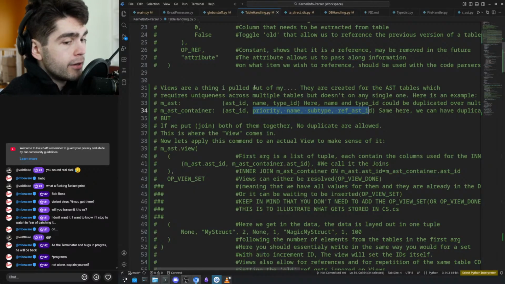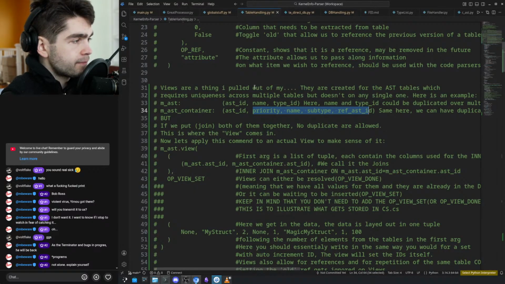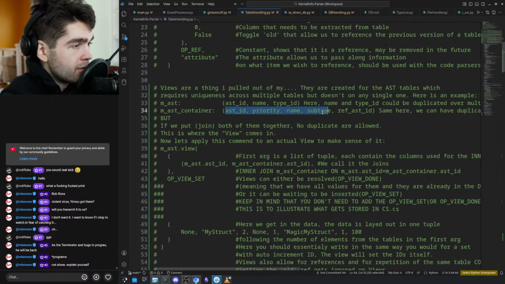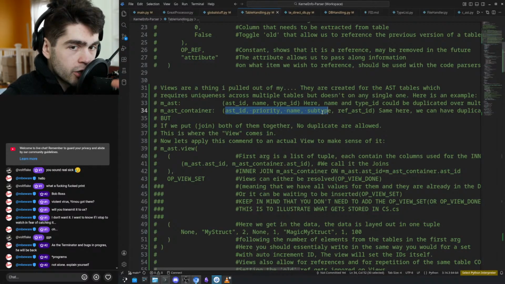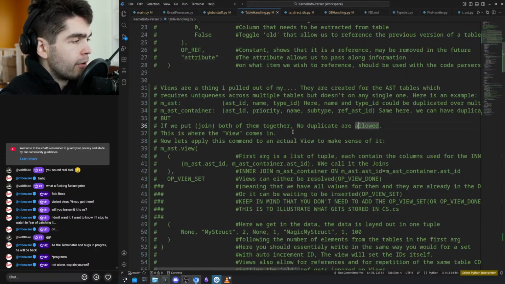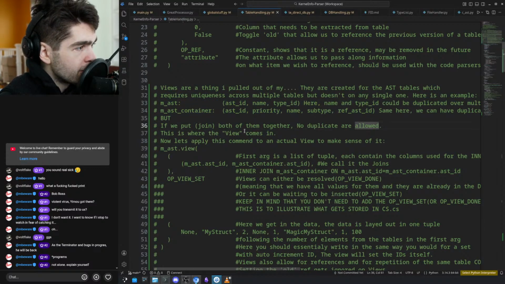But if we join the 2 together, that's not allowed, right? We cannot have a MAST with all of its MAST containers under the same AST ID. Like that big construct, we cannot have duplicates of the big construct, right? Of the join of these 2 together. So that's where views come in.